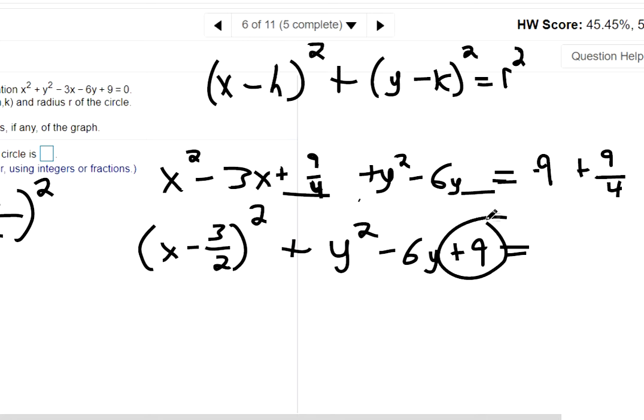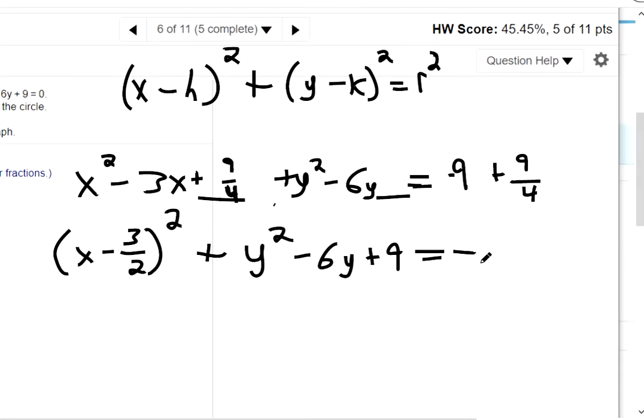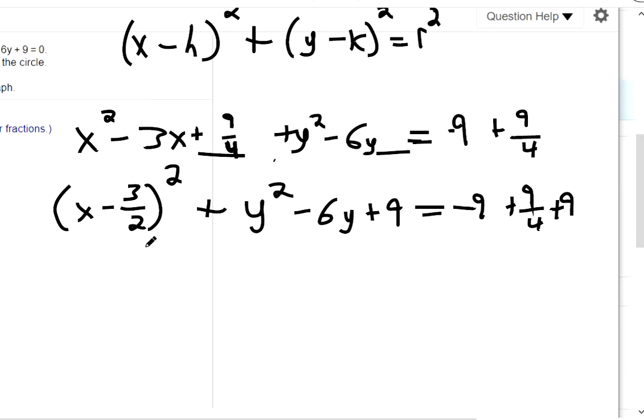I added a 9 to the left side, I have to add a 9 to the right side. With the first one, I probably shouldn't have jumped over so many steps. I jumped over one step there. You're going to get to see the step here.